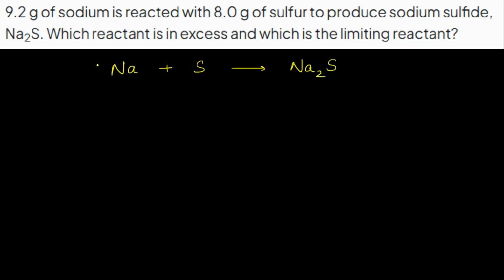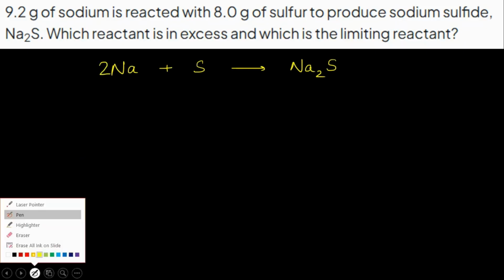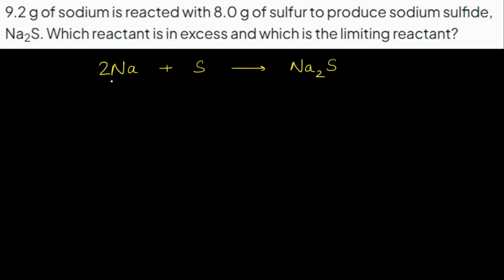To balance it, you put 2 over sodium. We have 2 moles of sodium, 1 mole of sulfur, and 1 mole of sodium sulfide. 2 moles of sodium means 2 into 23 grams, 1 mole of sulfur is 32 grams, and this is 46 plus 32 grams.